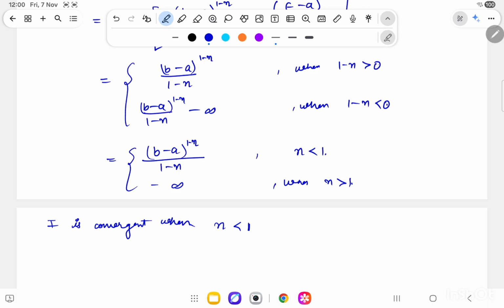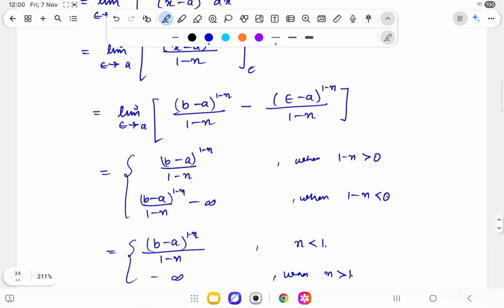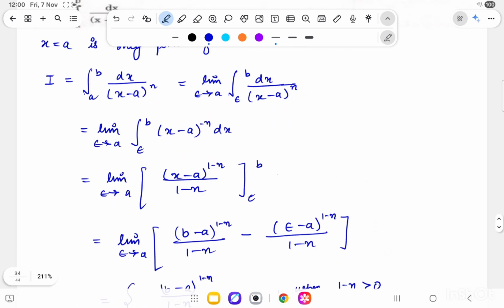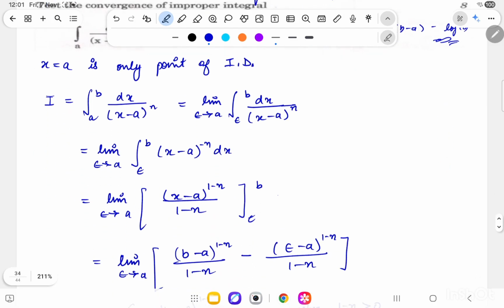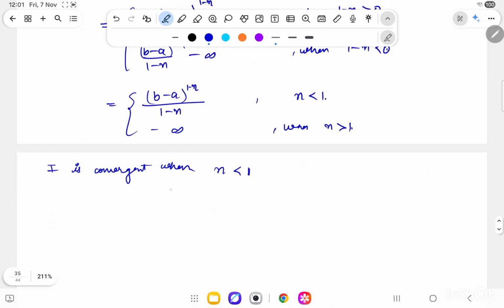So when n is equal to 1, then also it diverges, because when n is equal to 1, the antiderivative will be log of (x minus a), and if I plug in the limits, it will be log of (b minus a) minus log 0, which is infinity only. So at n equals 1 also it diverges. So I is convergent when n is less than 1.